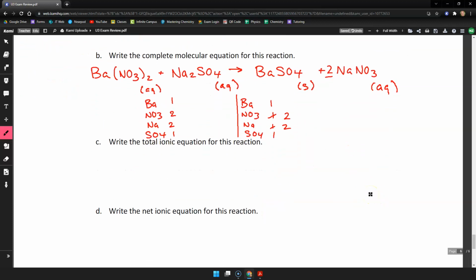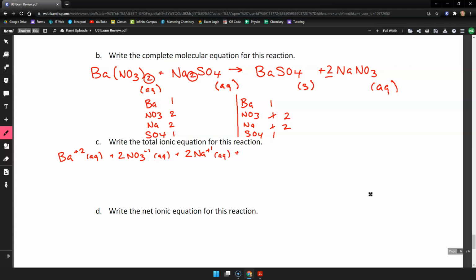Write the total ionic equation for this reaction. So anything that's aqueous, we split up. So we have barium, Ba +2, aqueous. We have 2 NO3, NO3 is -1, aqueous. We have 2 sodiums, so 2 Na +1, aqueous.